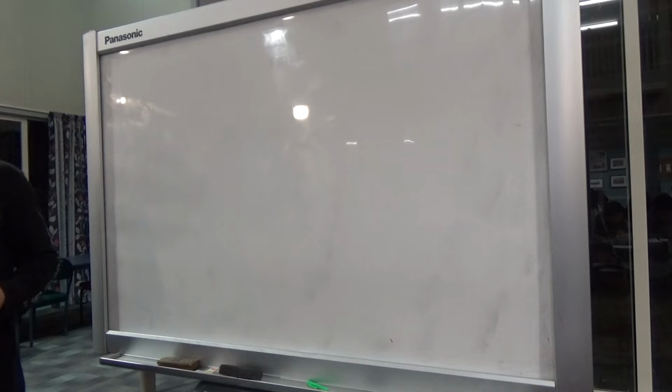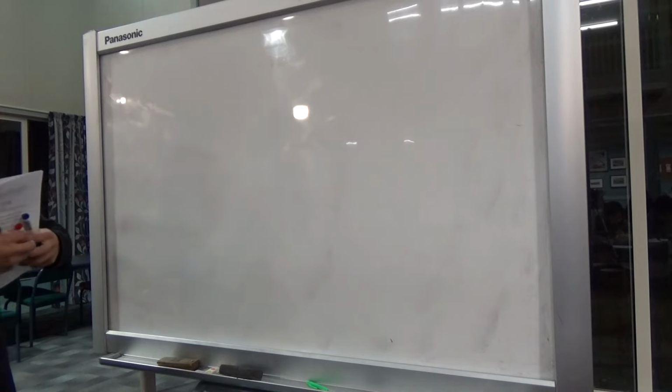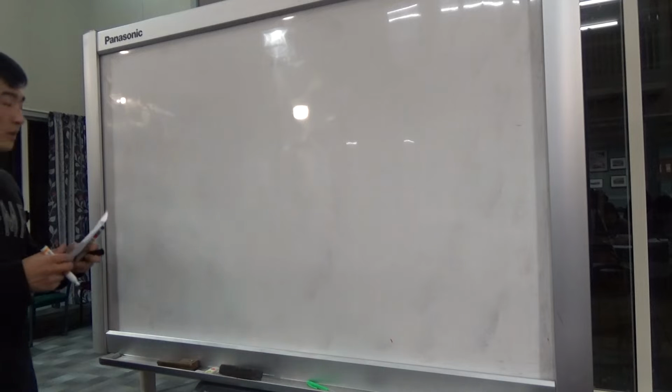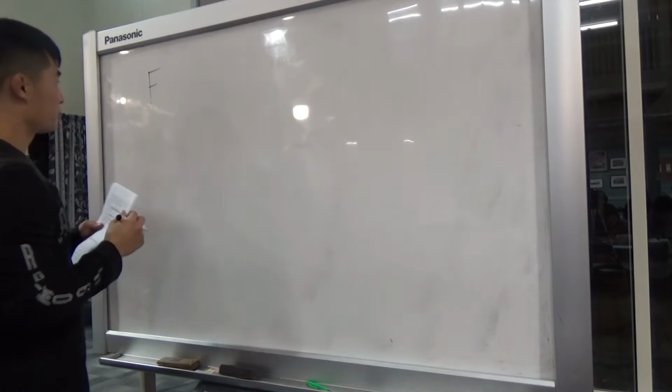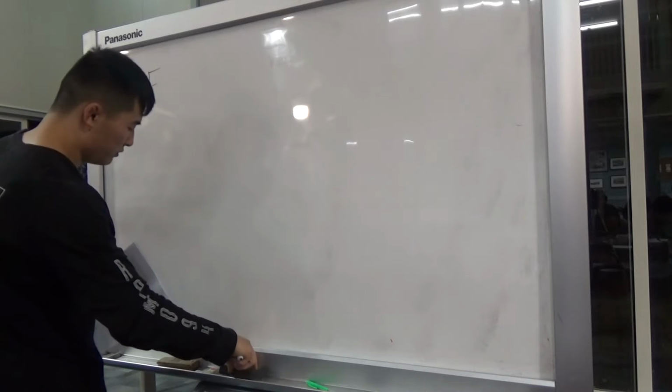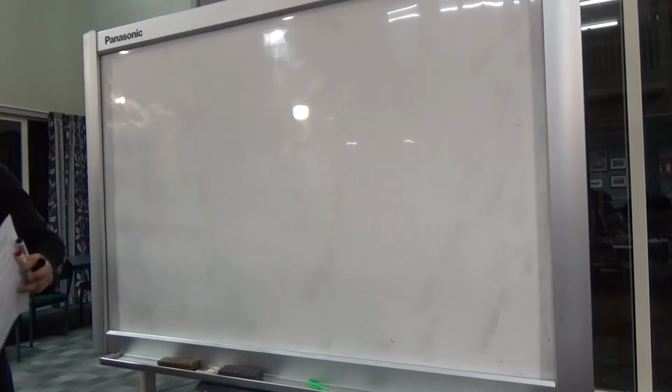So what we would need to find out is the force on the charge inside an electric field. I told you that we have a couple of equations for electric field strength.